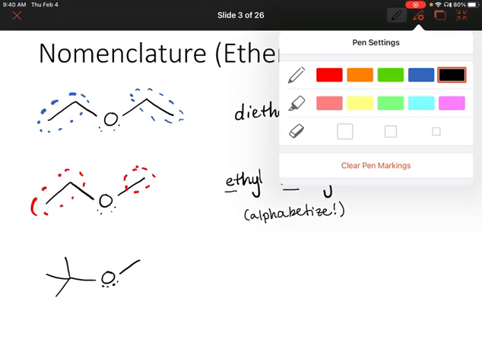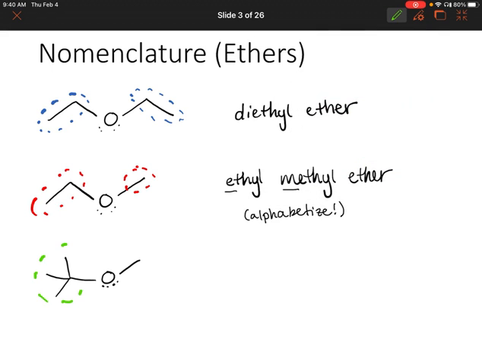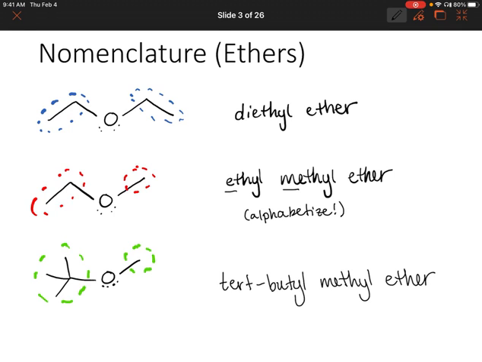And then in the last one, we said that we had a tert-butyl group and a methyl group. So this one would be called tert-butyl methyl ether. Now, remember when you're alphabetizing, we don't include the tert part, so we just consider the B on butyl and the M on methyl.